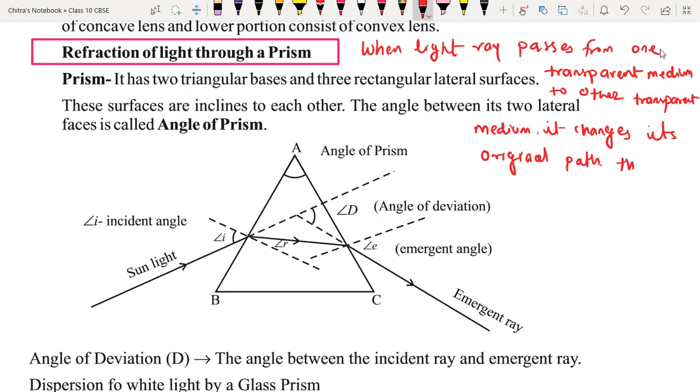That phenomenon is called refraction of light.